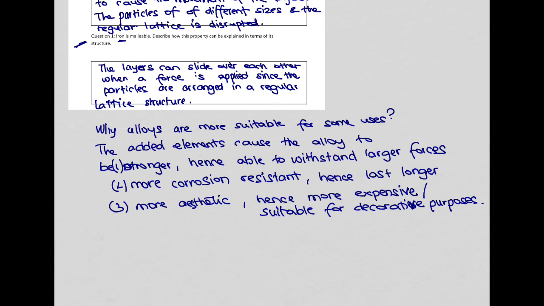You have to know that corrosion damages a metal very quickly. And alloys are also more aesthetic. They look more shiny. For example, chromium is added to steel to make stainless steel. Stainless steel is more shiny and it stays shiny for a longer period of time. Hence, it's going to be more expensive and it's going to be more suitable for decorative purposes.